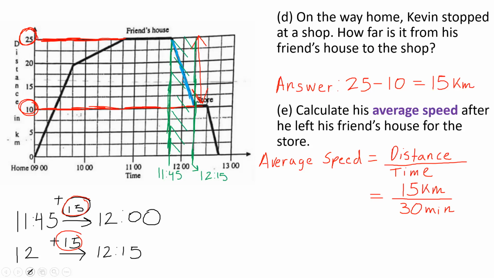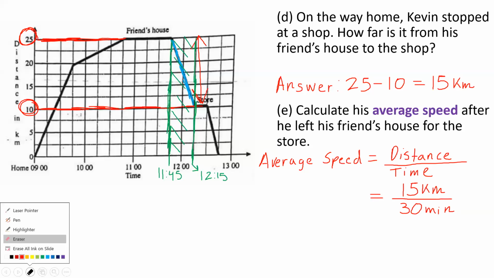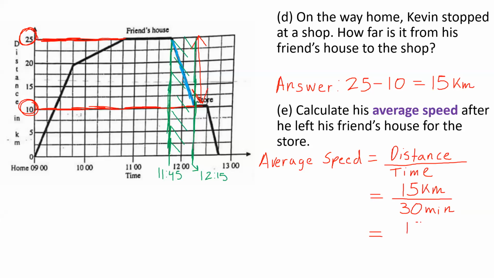Let me erase this side. So this is going to be equal to 15, divided by what? Divided by half an hour, not 30, because 30 minutes is half an hour.